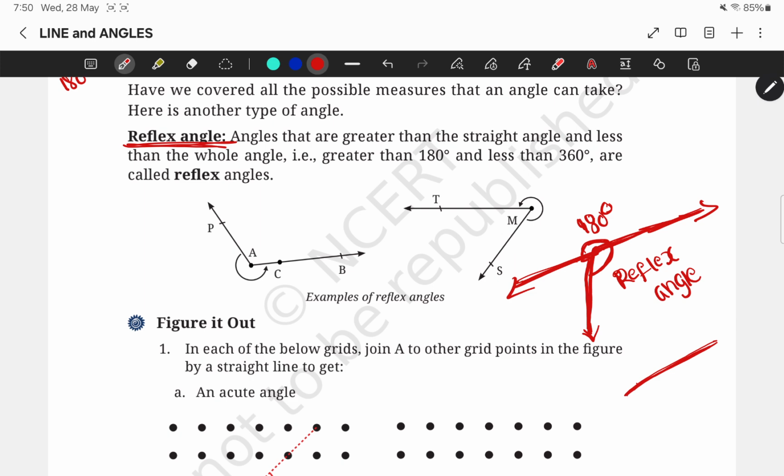This is the first arm, and the second arm will also be here itself, and this is the vertex. This is the complete angle, 360 degrees.